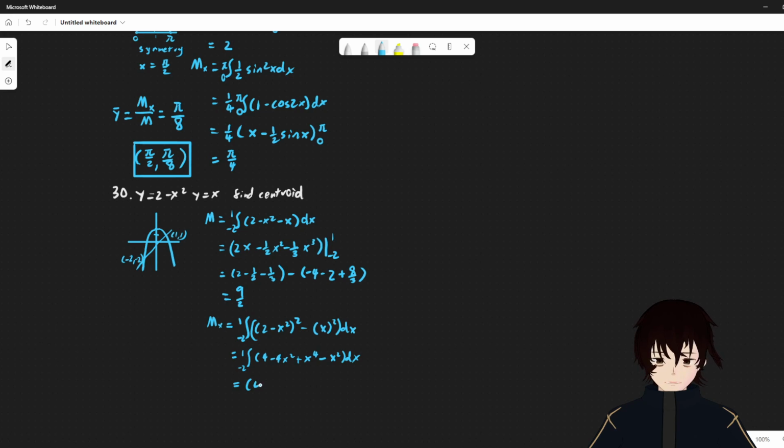So that's gonna be 4x minus 5 over 3 x to the power 3 plus 1 over 5 x to the power 5 from -2 to 1, equals 4 minus 4/3 plus 1/5 minus -8 plus 32/3 plus 32/5.